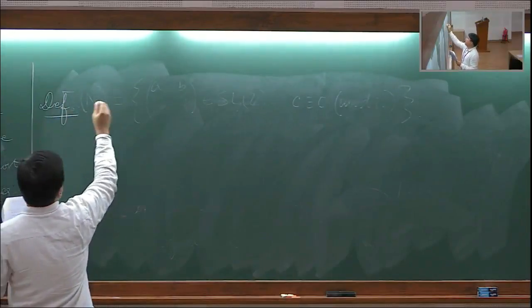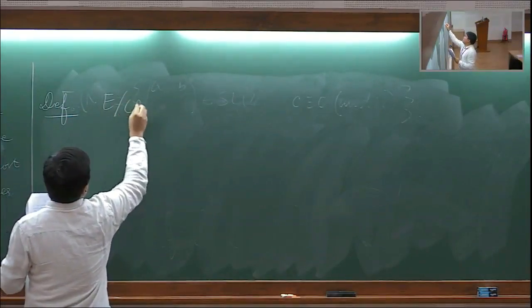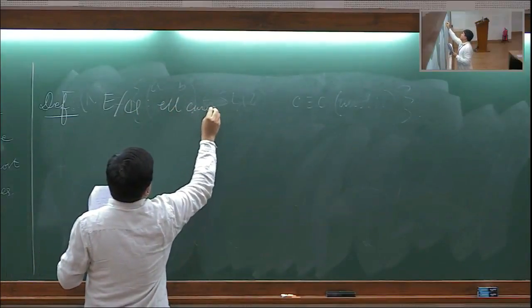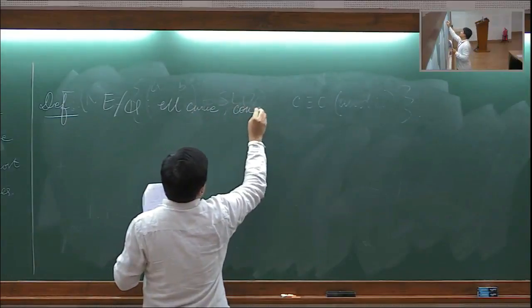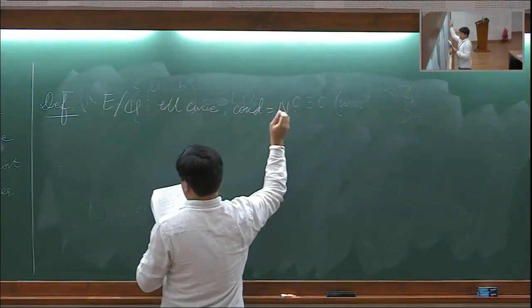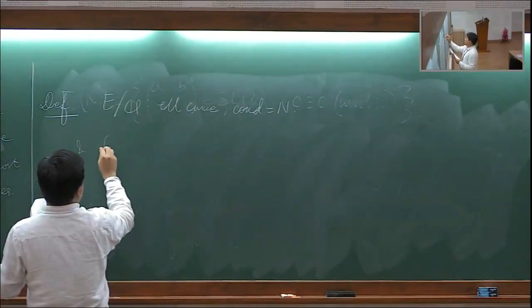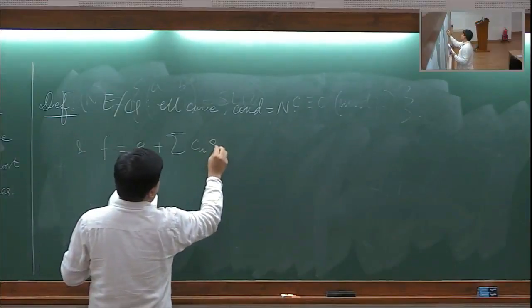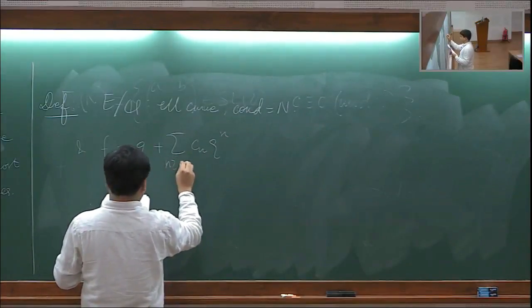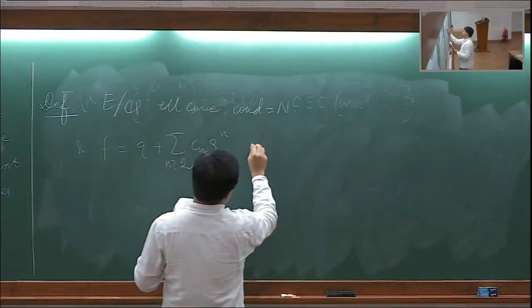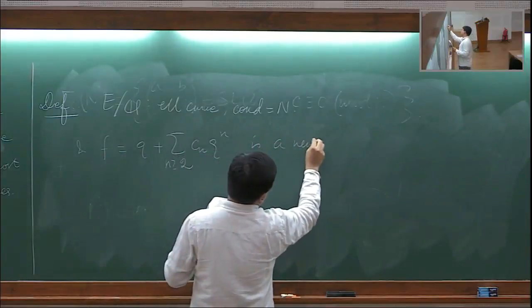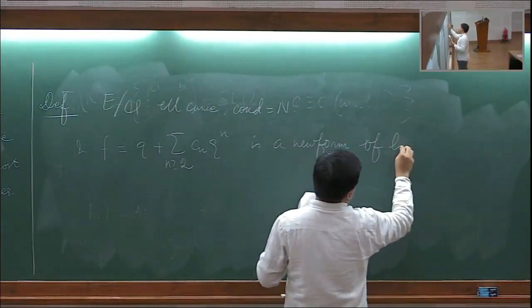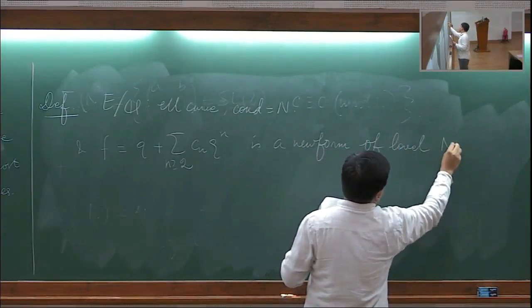Suppose E over Q is an elliptic curve of conductor N, and F = q + Σ c_n q^n, n ≥ 2, is a newform of some level N'.